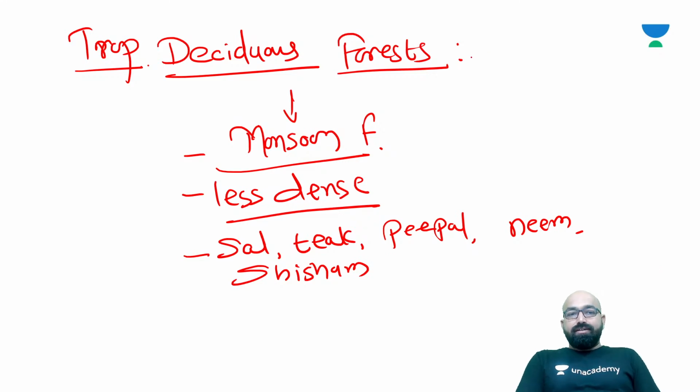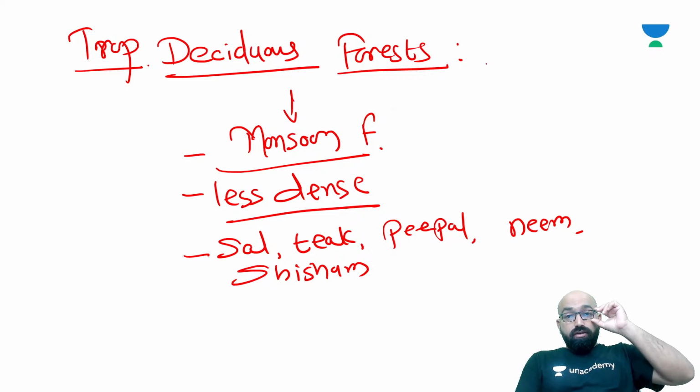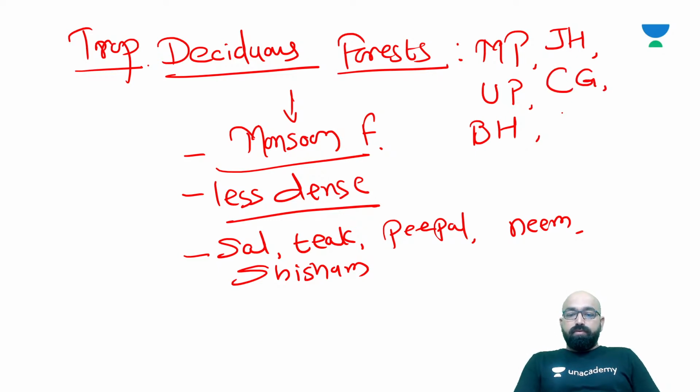So basically, these types of forests are found in Madhya Pradesh, Uttar Pradesh, Bihar, Jharkhand, Chhattisgarh, Odisha, and in parts of Maharashtra. This is the tropical deciduous forest.